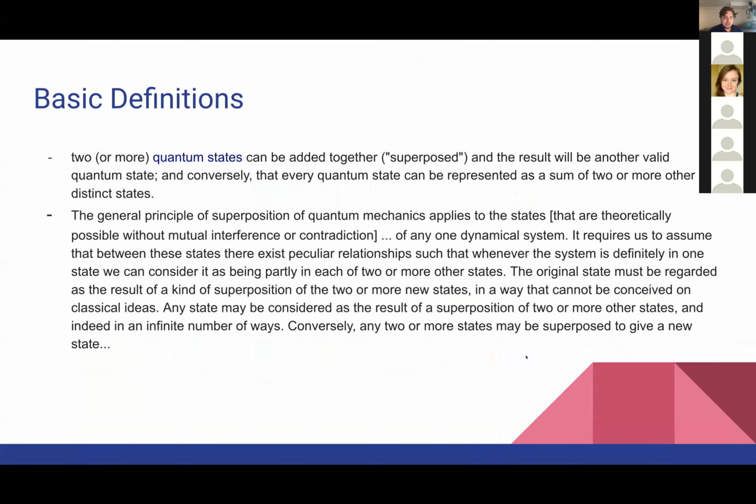The basic definition is two or more quantum states that can be added together, or superimposed, and as a result will be another valid quantum state. And conversely, every quantum state can be represented as a sum of two or more other distinct states. Essentially, it's when you have two quantum particles or quantum objects.